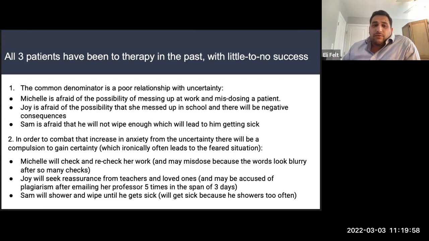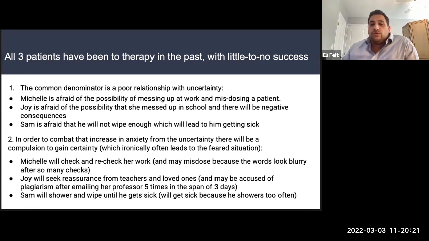And what I think is ironic, which I think is important to see, and a lot of times patients will notice this as well, is that the thing you're so nervous about, you end up doing these compulsions that lead you to the same place. So for instance, Michelle checks and rechecks her work so many times that words look blurry to her, and she may actually mess up on the medication because 50 milligrams and 50 micrograms now look the same to her.